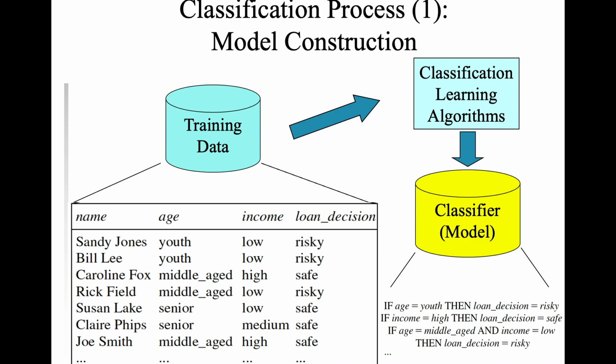Right, we want to predict the loan decision, so the loan decision is our class label. For the rest of this lecture, whenever I talk about the class label, I mean that feature, that attribute, that column that we want to predict. The other columns are just used as a source of information to train our model.